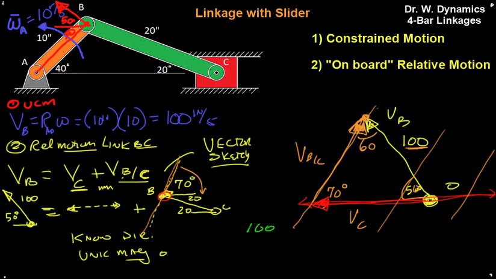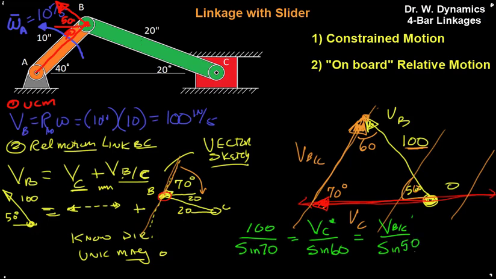So we'll have 100 divided by the sine of 70 will equal the velocity of C divided by the sine of 60, which will equal the velocity of B with respect to C divided by the sine of 50.